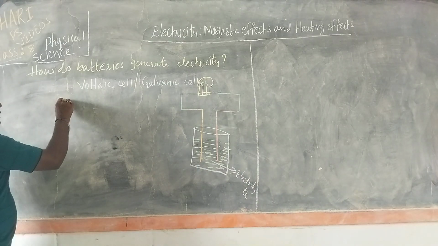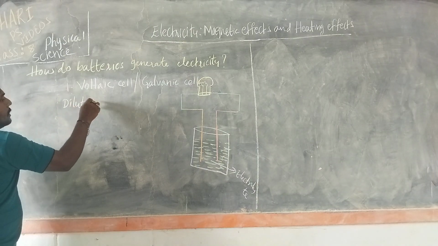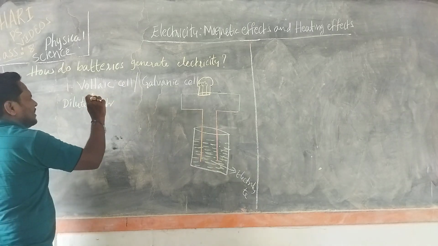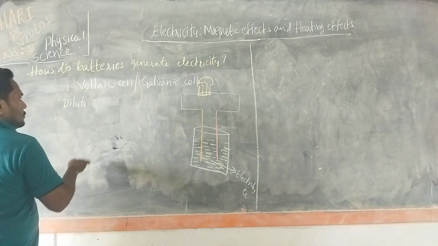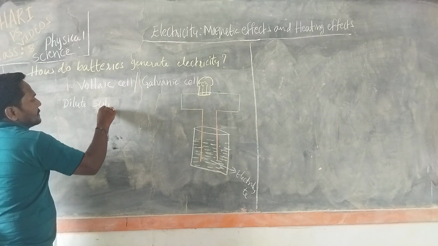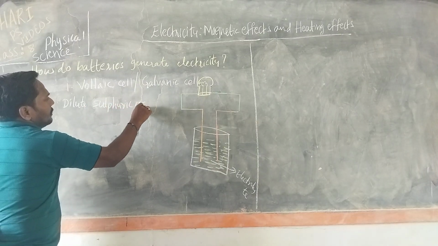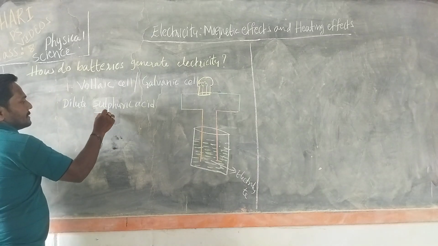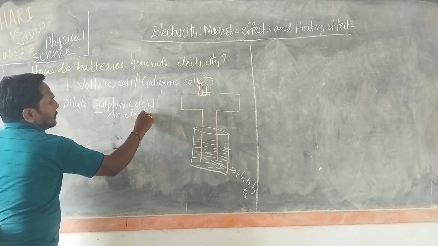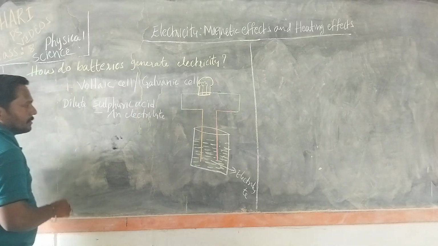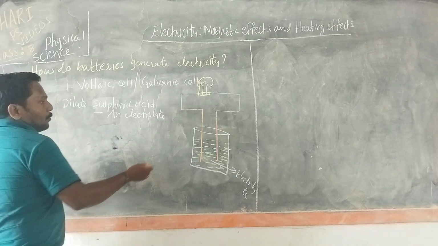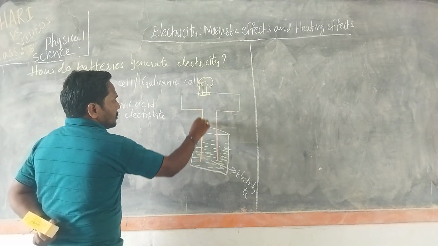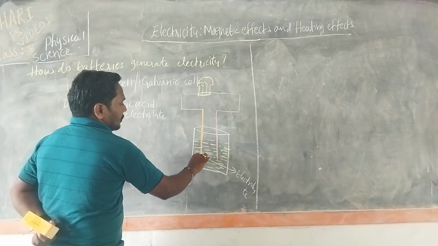So here dilute sulfuric acid acts as an electrolyte. Then the next one: here we have an orange colored rod.